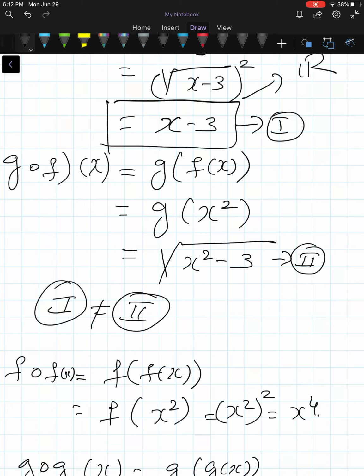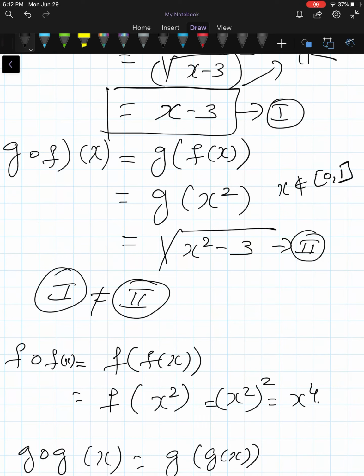When x is 0 and x is 1. So x is not supposed to belong to the closed interval 0 comma 1, and also negative 1 to 0. So you are completely eliminating the possibility of x belonging to the interval negative 1 to 1.